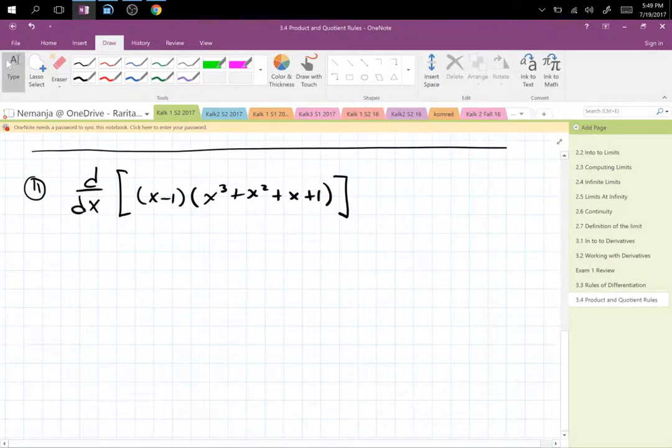First way, to use the product rule formula, and the second way, to FOIL it and use basic derivatives. You must have the same result at the end. So please do it two different ways. The first way is to use the product rule formula right away. The second way is to FOIL it and then use basic derivatives.